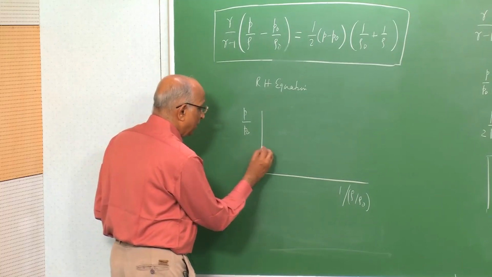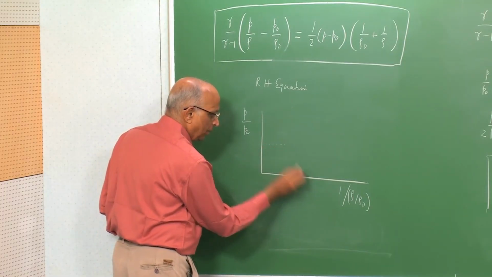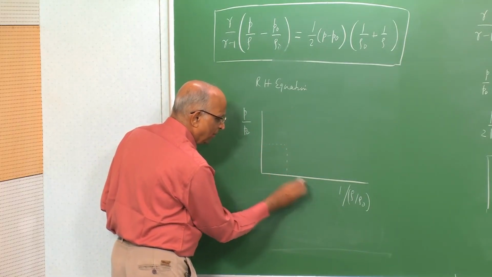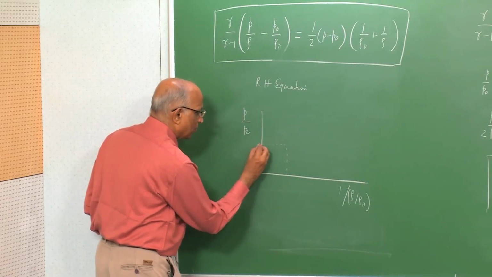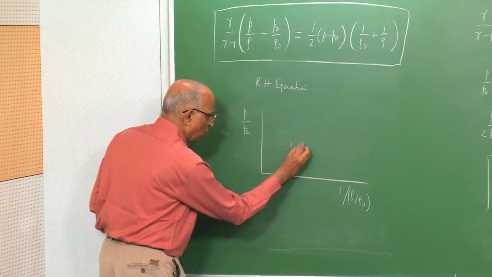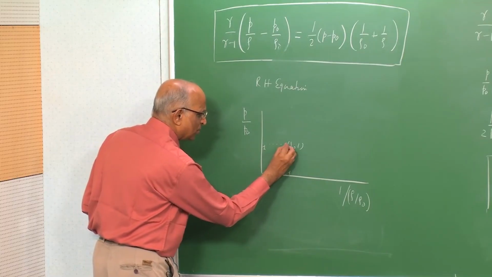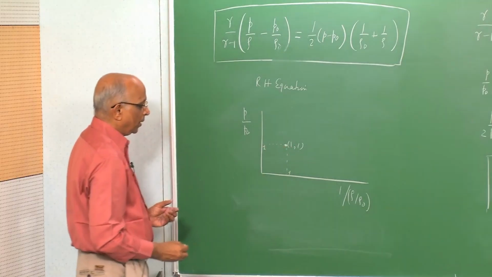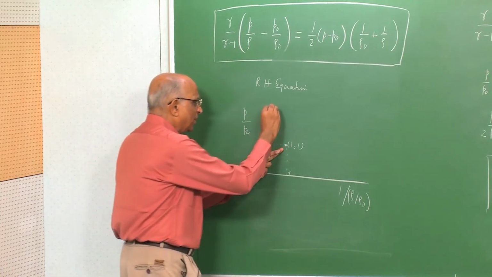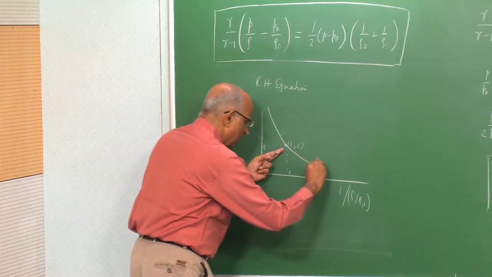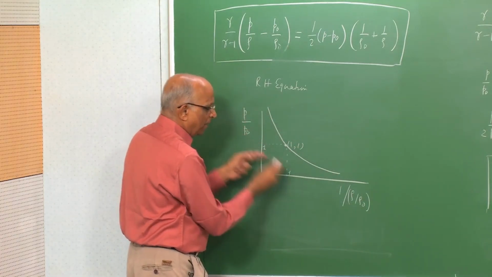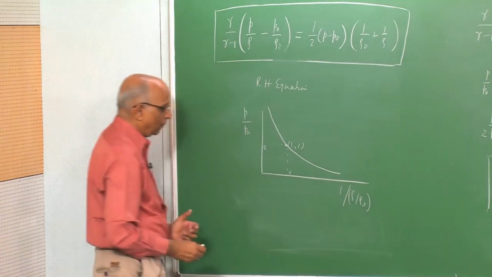My initial point is P 0, my initial point is rho 0, which in this non-dimensional plot becomes 1. It becomes 1 because I am plotting P by P 0 and rho by rho 0, this is 1, this is 1, this is my initial point over here. And the Rankine-Hugoniot equation tells me, well, the properties are all like this. These are the different values of P by P 0 as a function of rho by rho 0.